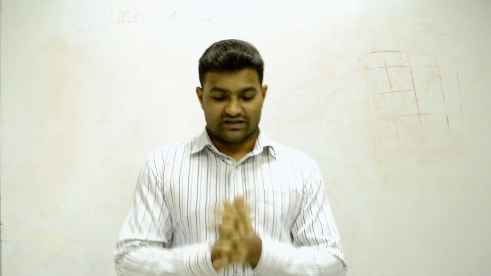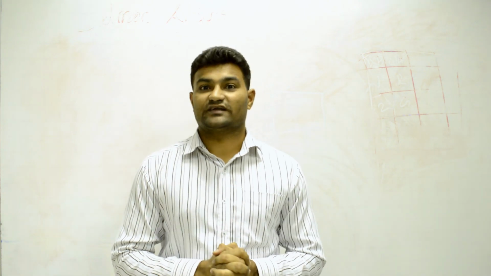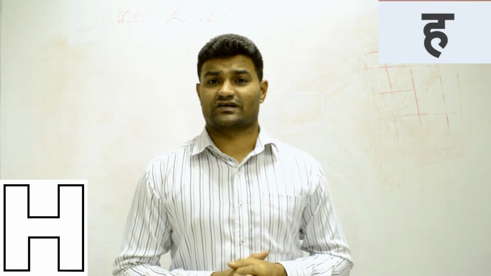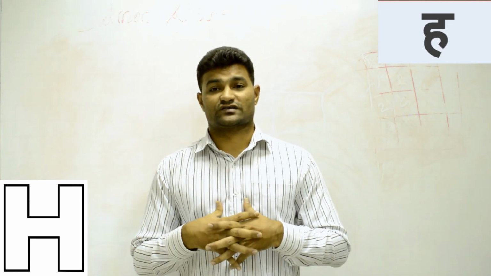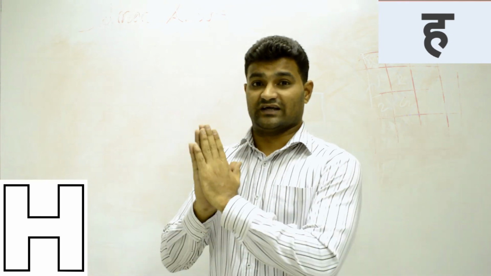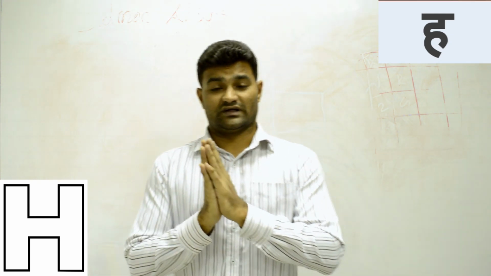Okay, so the next word, and the last but not least, we have H. H is a very hidden word. It's always confusing for us because we have this word as H and they have a word H, but the sound of both words is different.